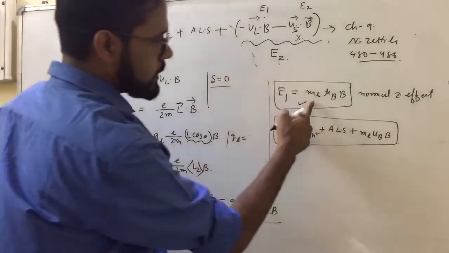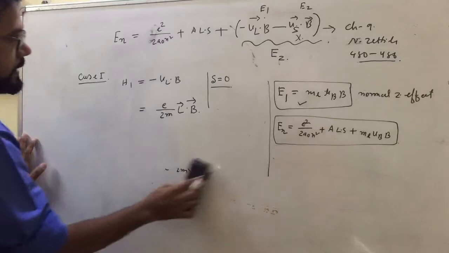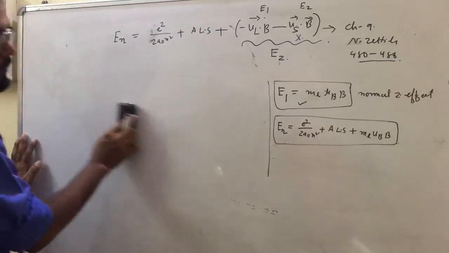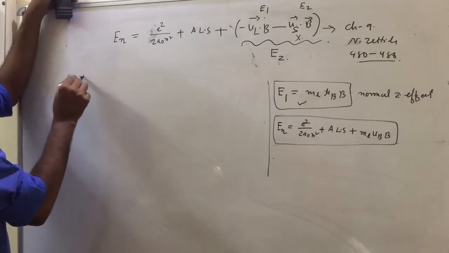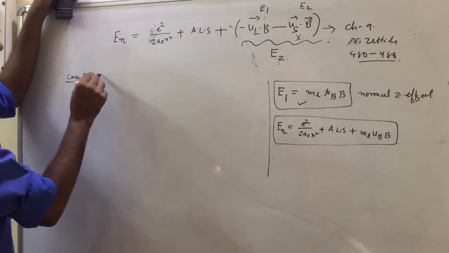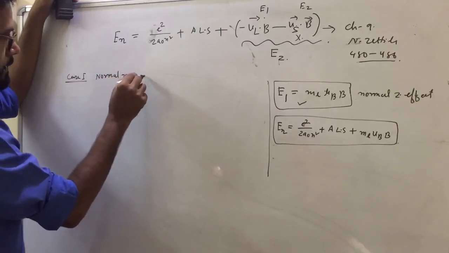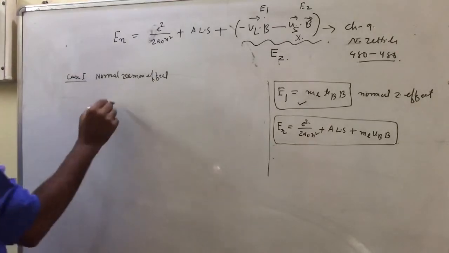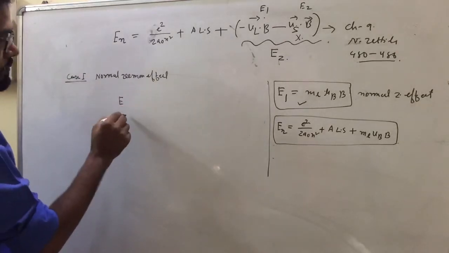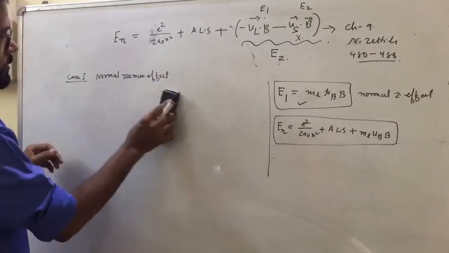Now, what is the possible value of m? I am writing here again so that you can understand without any confusion. This normal case 1 is known as the normal Zeeman effect. The energy of the system becomes this one, and I am not going to write the first term.